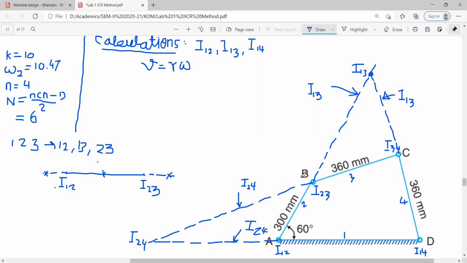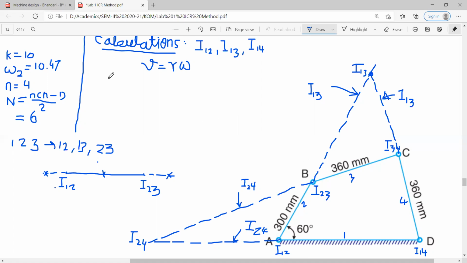Now we will find out the linear velocity. लीनियर वेलोसिटी you can find of any point. Okay, so point A is a fixed point, its linear velocity is 0. Then the next important point is point B. So let us find the velocity of point B.